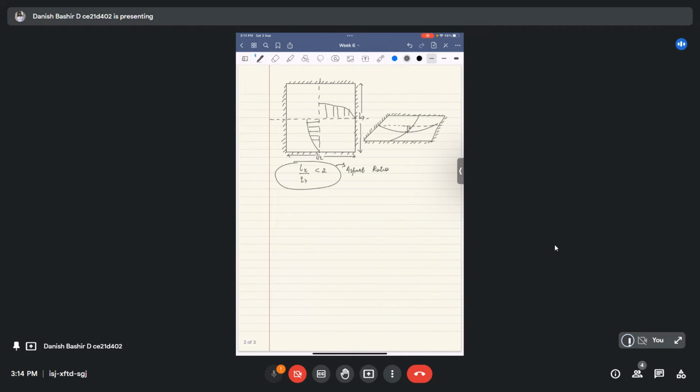For example, if it was a large slab system like this, extending on all the sides, I am cutting one part of it from the main element.